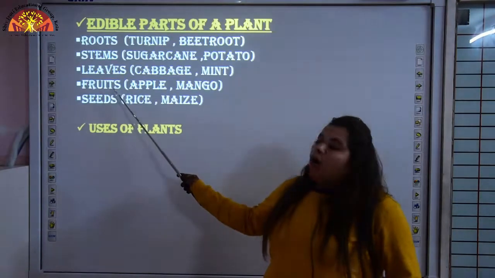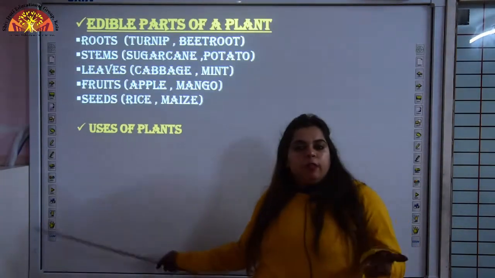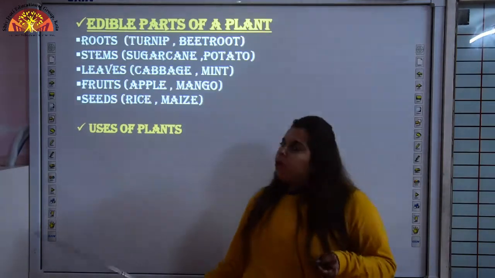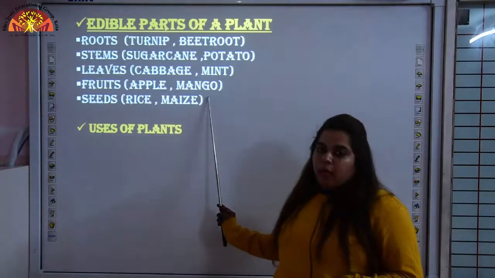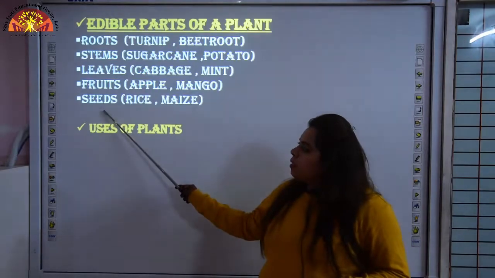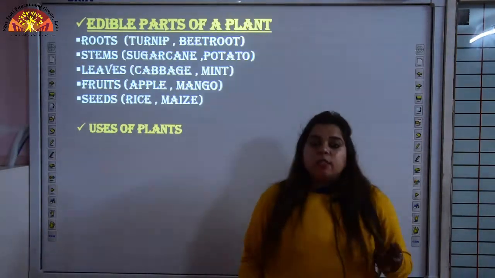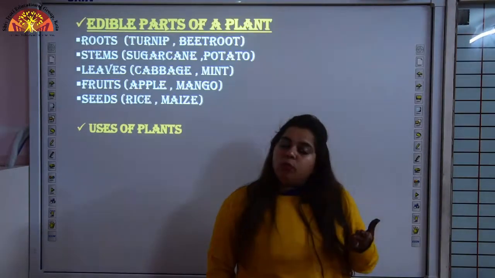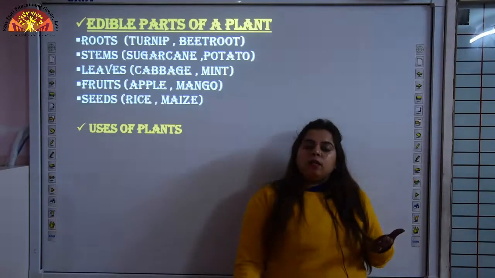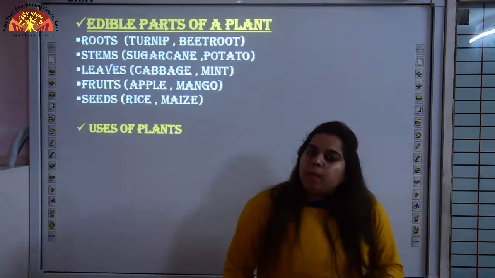Fruits are fruits that we eat, different types of fruits. Some examples over here are apple and mango. Next is seeds. Seeds that we eat are rice, maize, wheat and many more. These all are the edible parts of a plant.